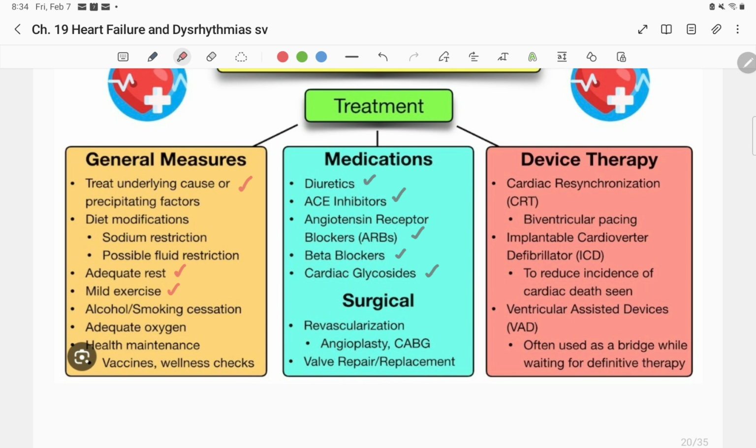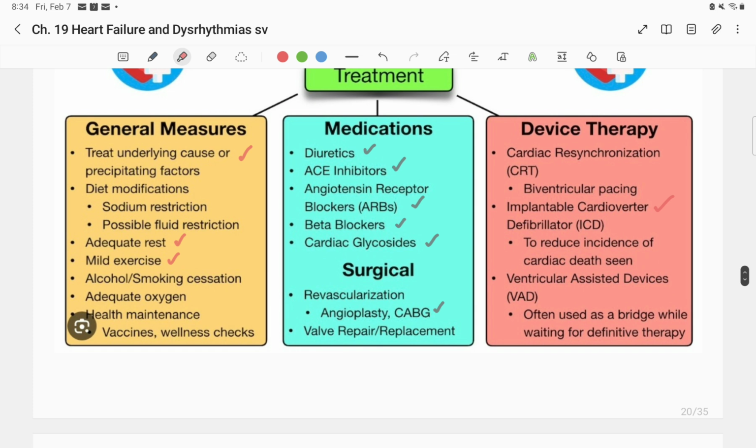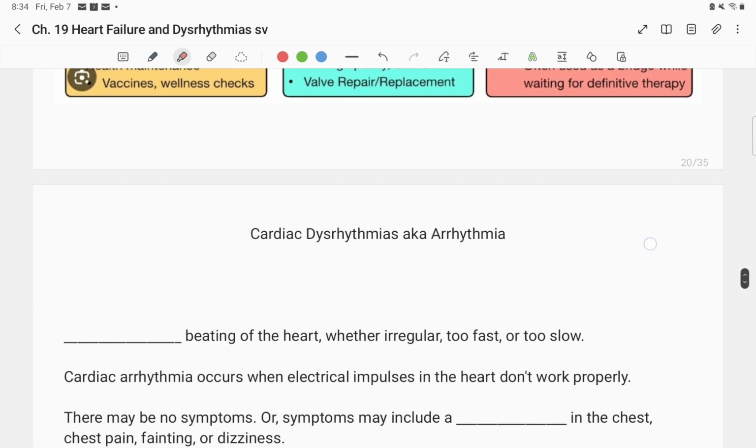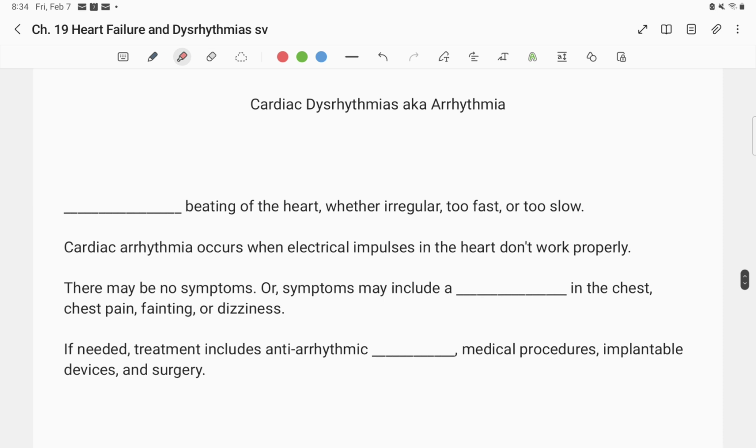Okay, they may need surgery, such as an angioplasty, or bypass surgery or valve replacement. And then as far as devices, any kind of implant such as a pacemaker, a ventricular assist device. Okay, so these are some treatments for congestive heart failure.